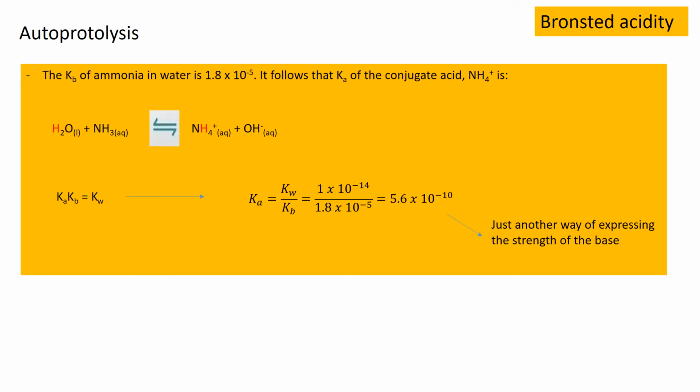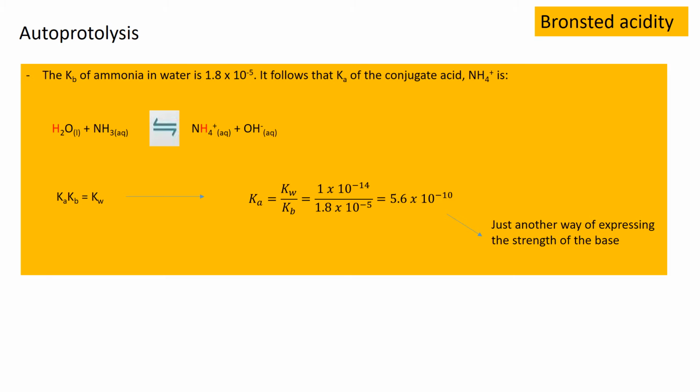So to put that into numbers, the basicity constant of ammonia in water is 1.8 times 10 to the minus 5. And we're able to calculate the acidity constant for its conjugate acid, which in this case is NH4+, because of this phenomenon known as autoprotolysis. So the acidity constant of the conjugate acid multiplied by the basicity constant of ammonia is equal to this Kw, this autoprotolysis constant.